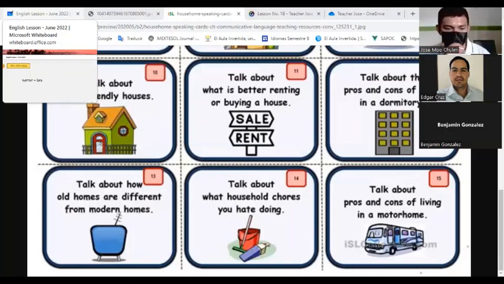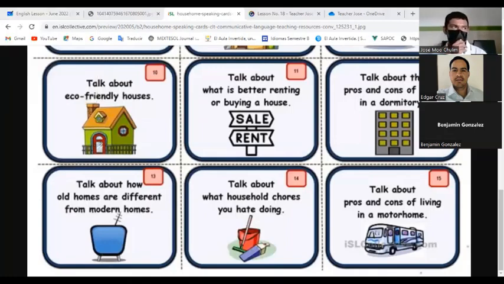Okay, thank you, Edgar, for sharing this. You mentioned different characteristics or features that living in a motorhome has. One of them is that they are more comfortable somehow. So, is it in your plans to have one of these in the future? Yeah, absolutely.